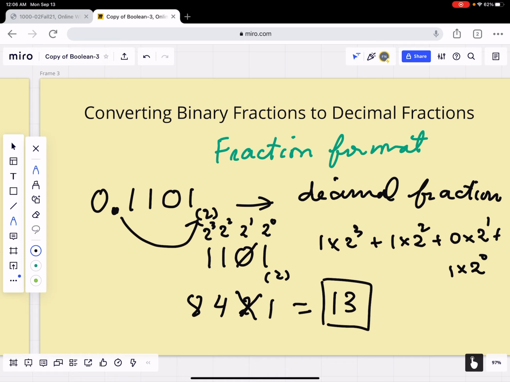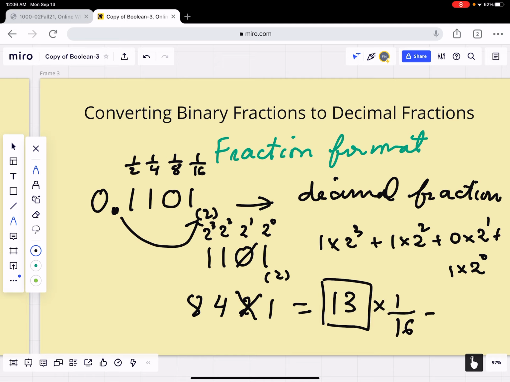All right, so if you move 4 places, 1, 2, 3, 4, the place values are 1 over 2, 1 over 4, 1 over 8, and 1 over 16. So you take 13 and multiply by 1 over 16.